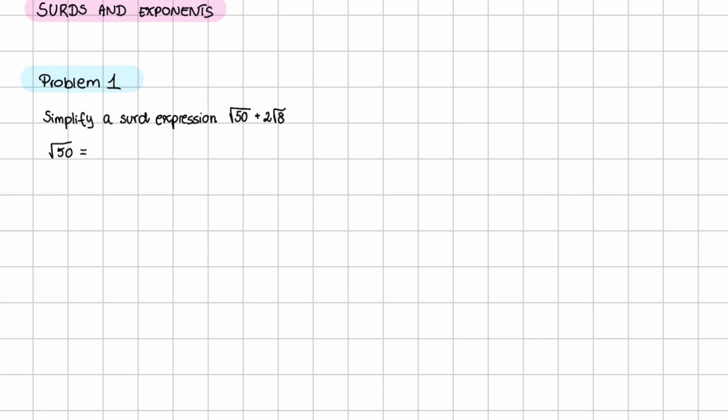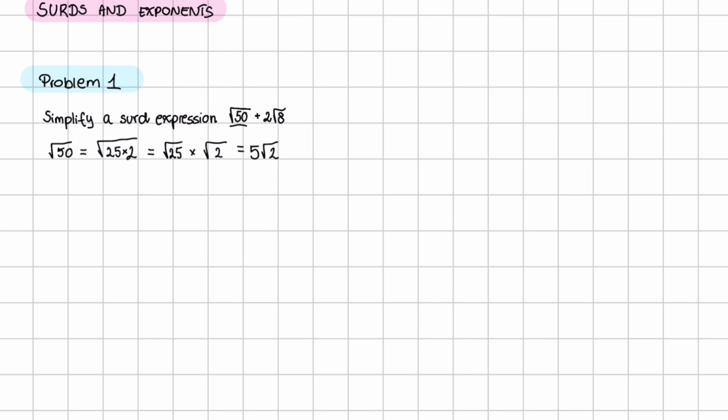So we can rewrite it like this: 25 times 2, because 25 times 2 is 50. And we remember that we can also write it as square root of 25 times square root of 2. And square root of 25 is just 5. And we can leave square root of 2 in this form.